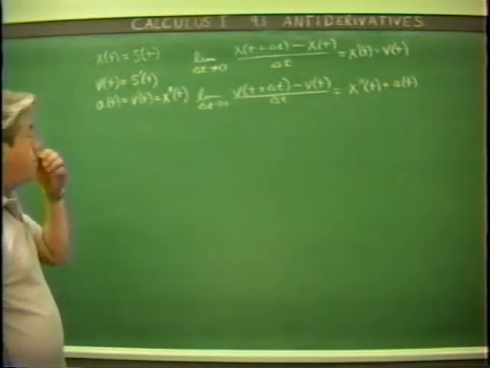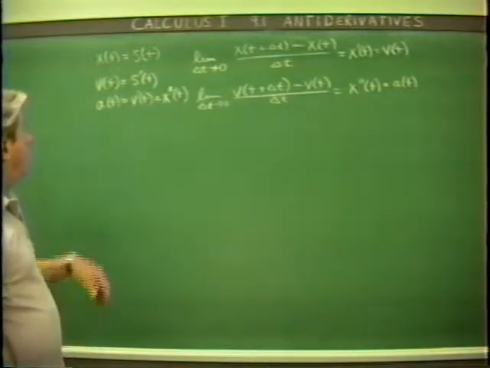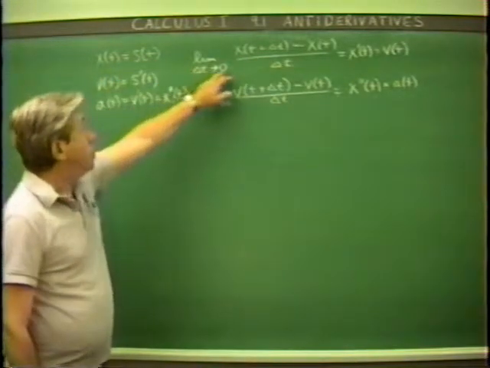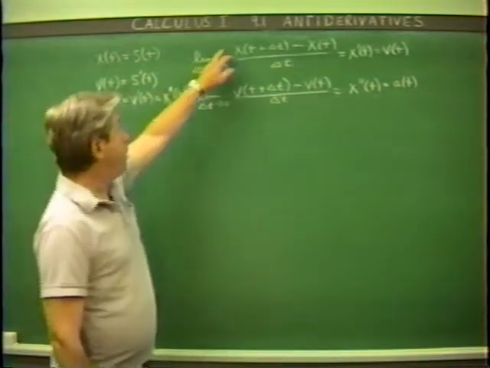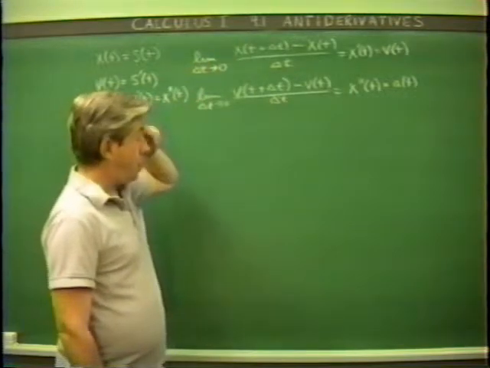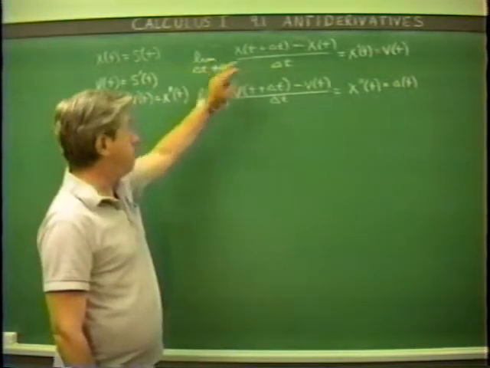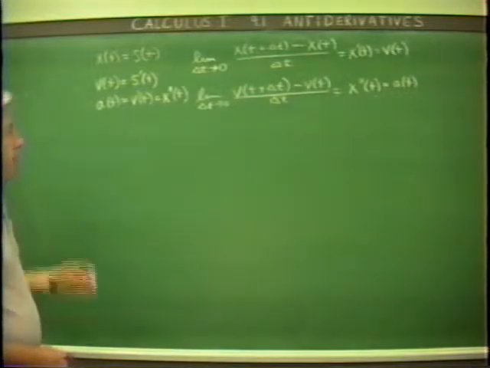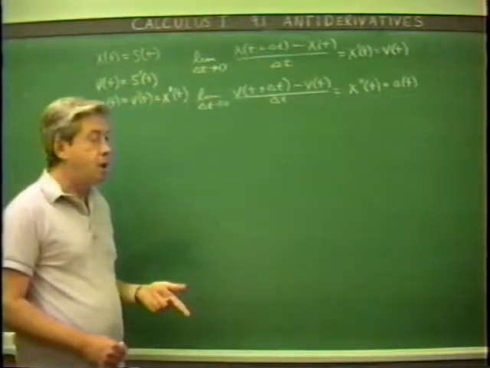In general, of course, if you've got a function f of t, the derivative represents the instantaneous rate of change of f with respect to t. Now, the situation is this.